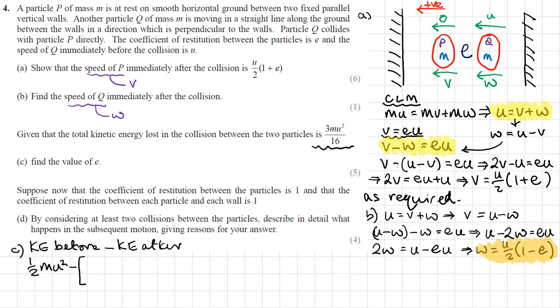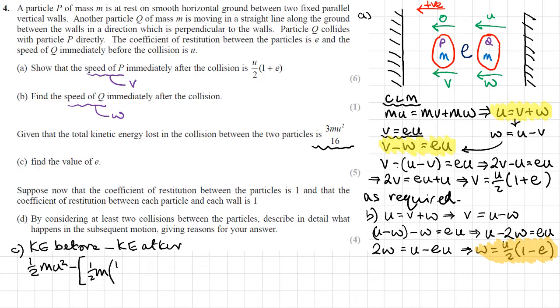So that's going to be the kinetic energy from P and Q. So half m. Now if I look at this, this is going to be like my V basically. So I'll need to square that. So I'll put that in brackets.